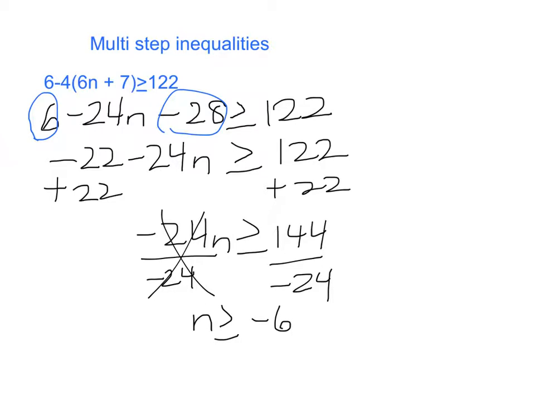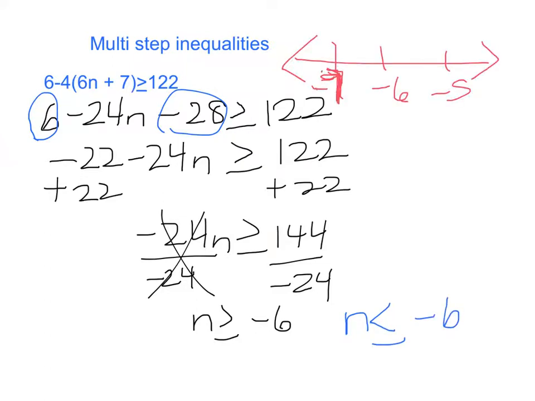But since you divided by -24, not +24, you would flip the sign, so n is less than or equal to -6. So this is our line graph at the top right corner, and since this is a less than or equal to inequality, you would put a closed circle on -6 and move the line to the left.